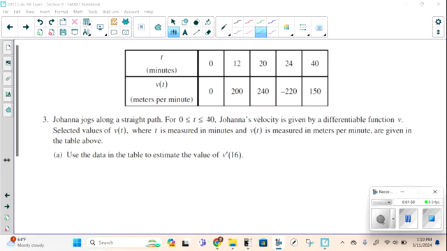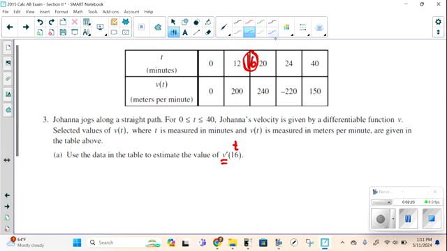First of all, children, in order for me to find the derivative of velocity right at one point, which is a time of 16 minutes, I need an equation to take the derivative of. I cannot do that. 16 happens to fall right in between 12 and 20.